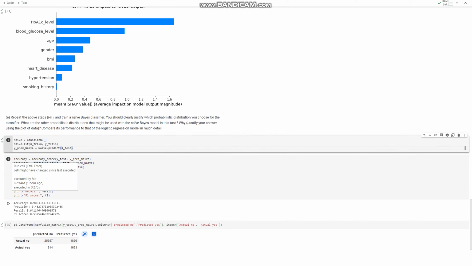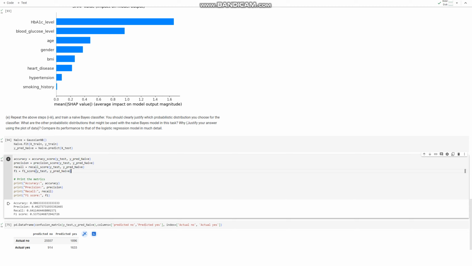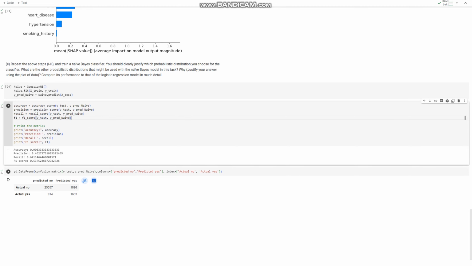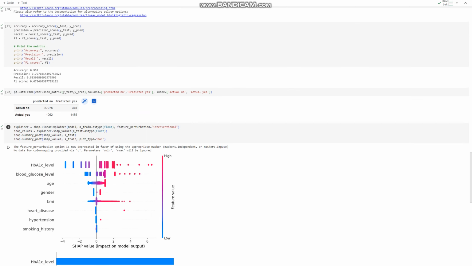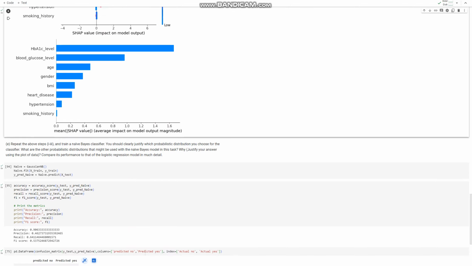Now I'm making a naive Bayes model and doing the same thing again to see the metrics. Here I can see that the naive Bayes model did not get as high as the logistic regression model.